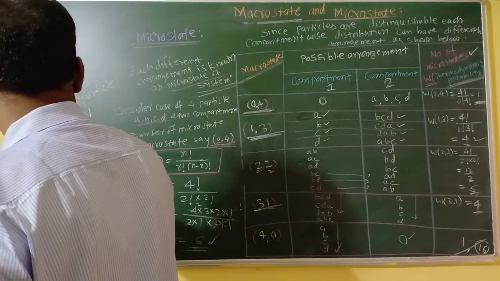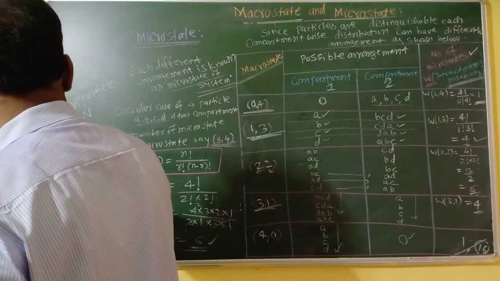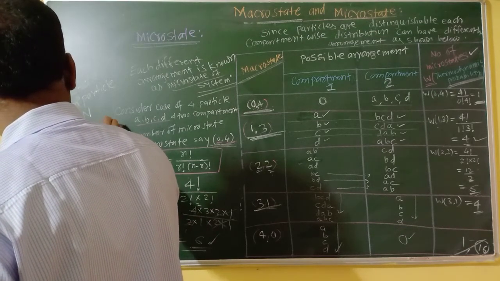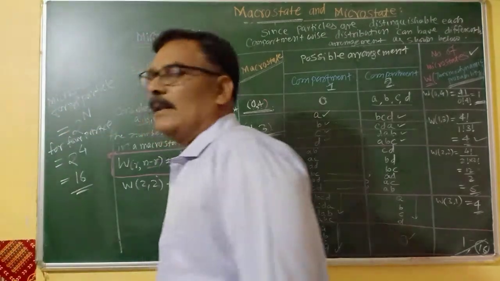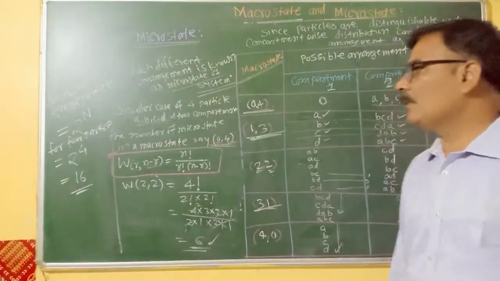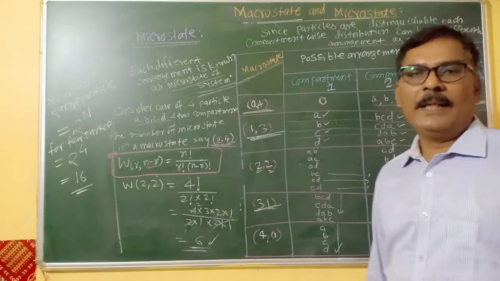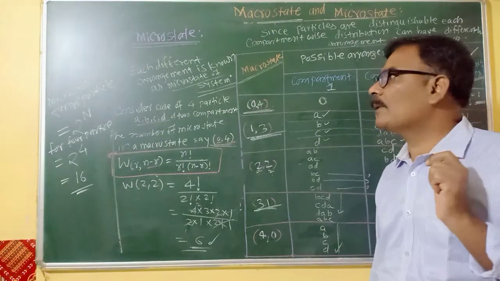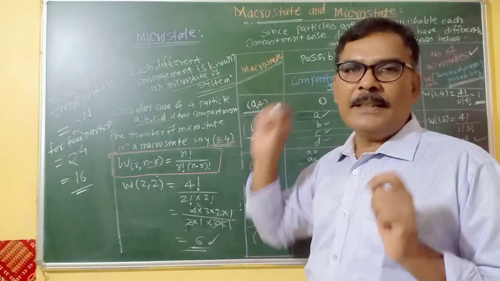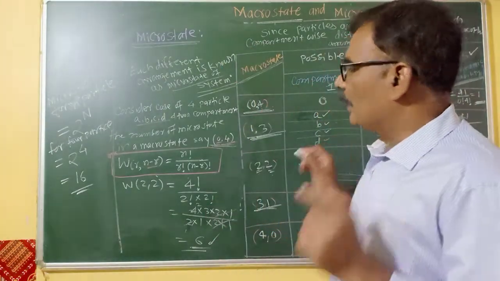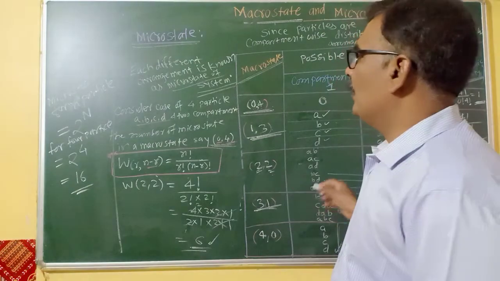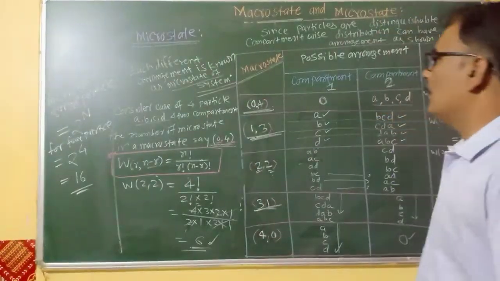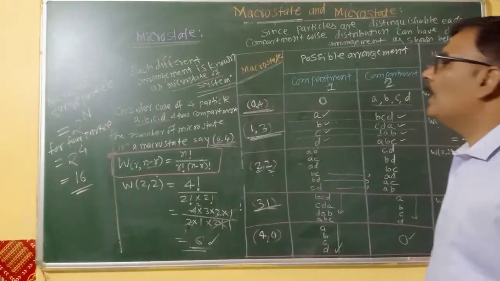For 4 particle, 2 raised to 4, and that is equals to 16. In this way, we have to explain a macrostate. Microstate. We have to explain microstate. Microstate म्हणजे each different arrangement is known as microstate of the system.